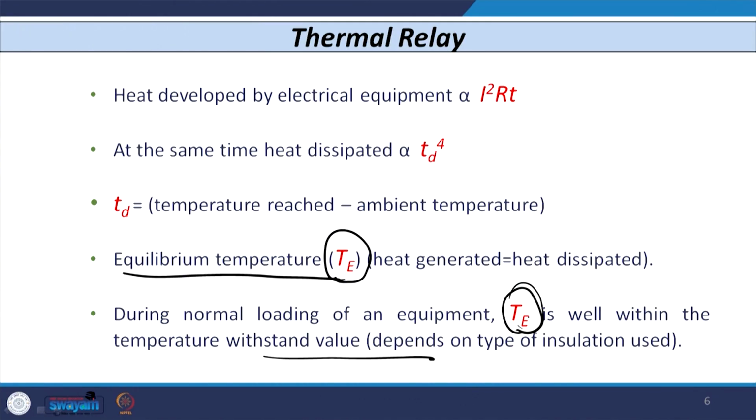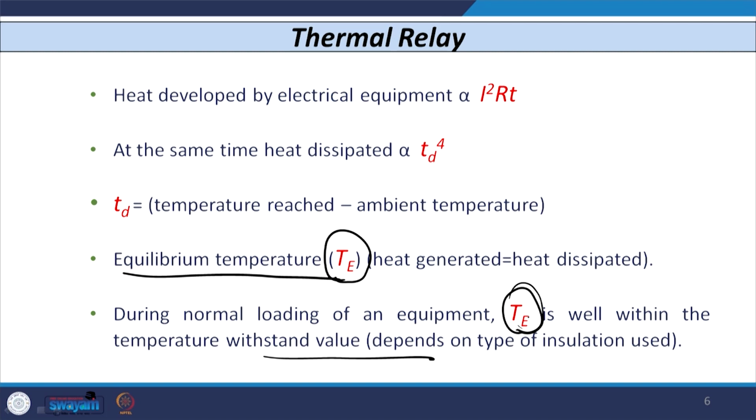Let us assume that for some specific type of insulation provided in the equipment, the withstand temperature is, let us say, 50 degree. Whenever equipment draws rated current, that is full load current, the equilibrium temperature reached is below 50 degree.